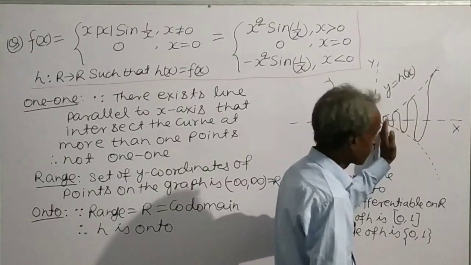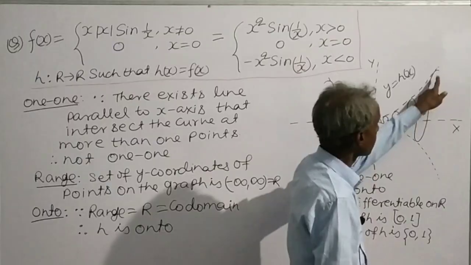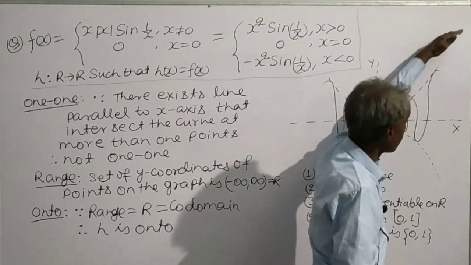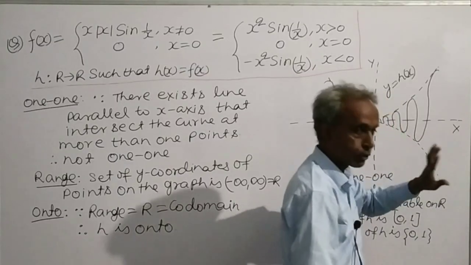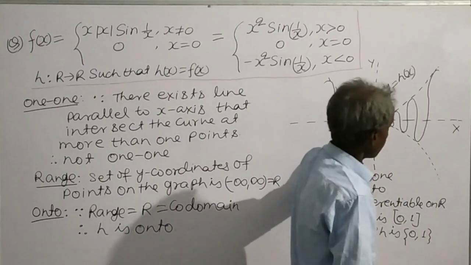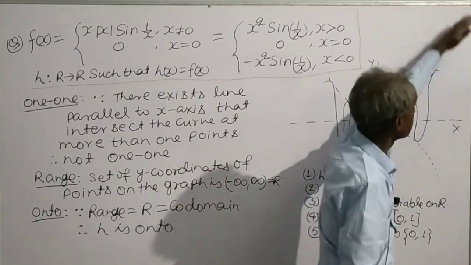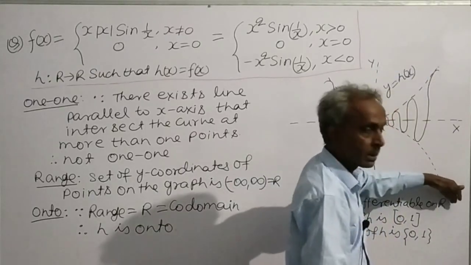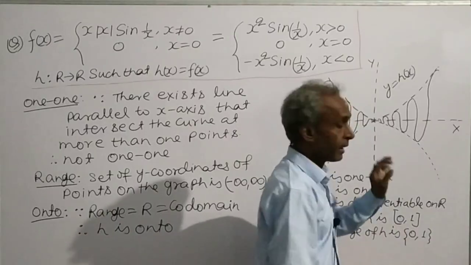As x coordinate increases, the maximum height of the graph increases and the minimum height of the graph also decreases. When x coordinate tends to infinity, maximum height tends to plus infinity and minimum height tends to minus infinity.